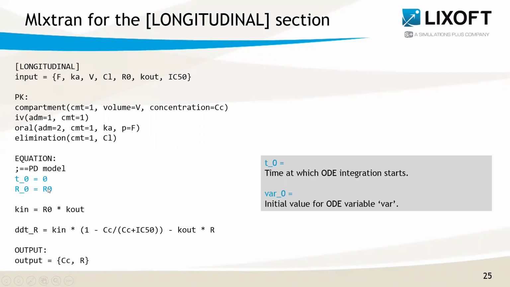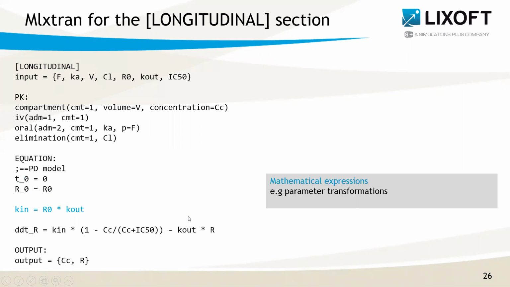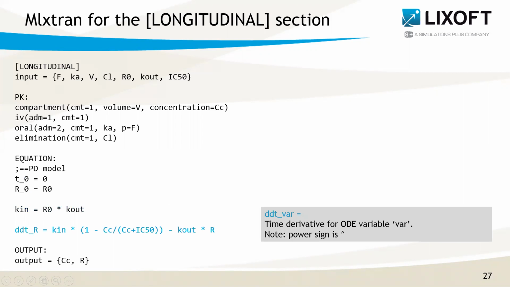So that's for the initial condition. Then I can also have mathematical expression, like here parameter transformation. And for the time derivative, we use the syntax DDT_, the name of the variable, and just then the mathematical expression. Just remember that the power sign is a hat in the mlxtran syntax.